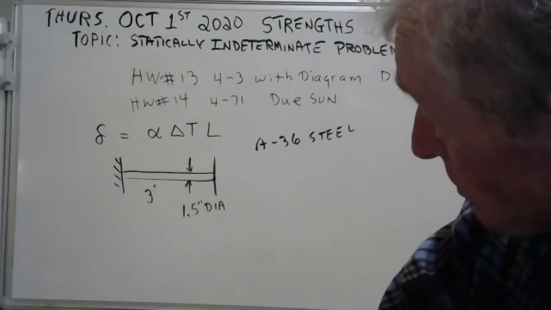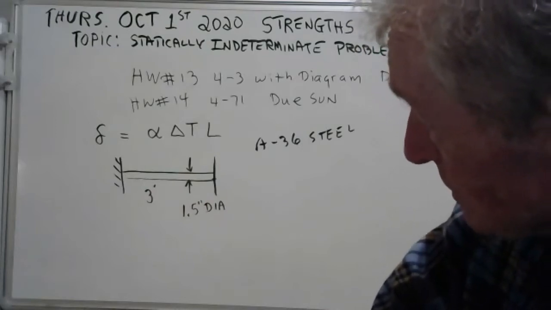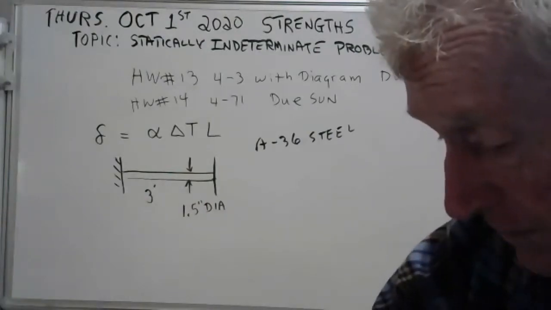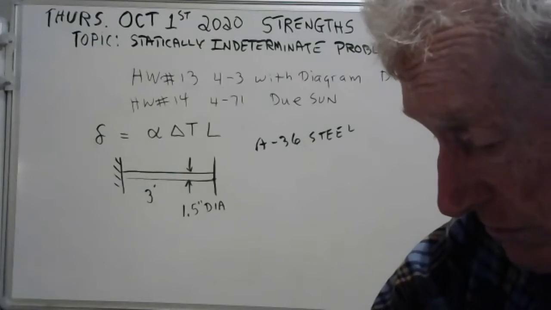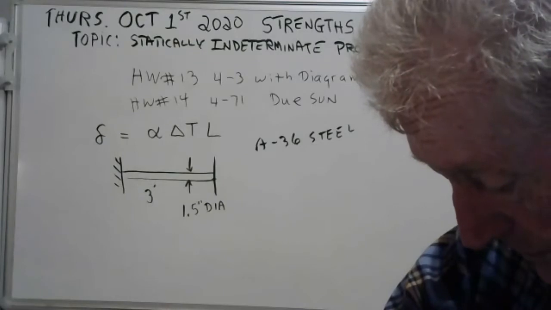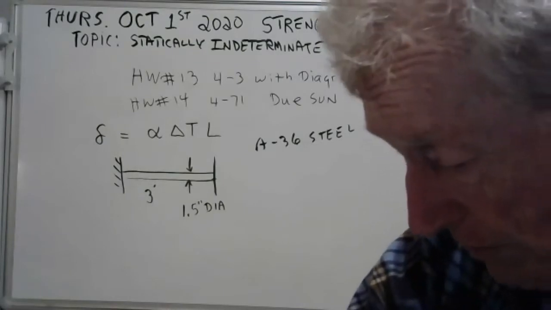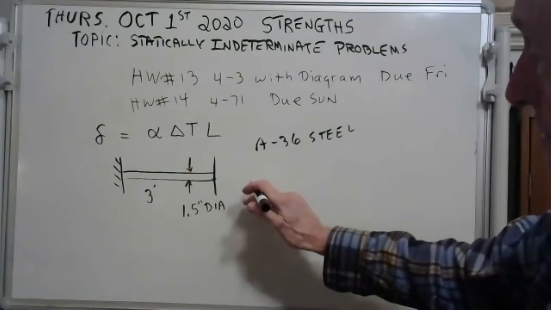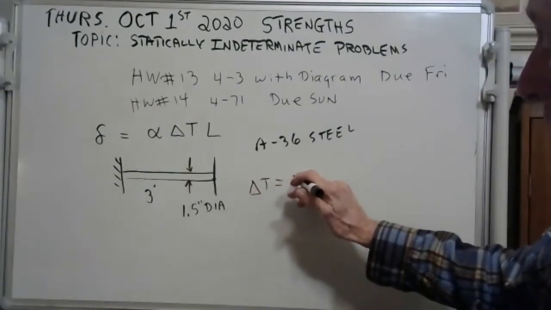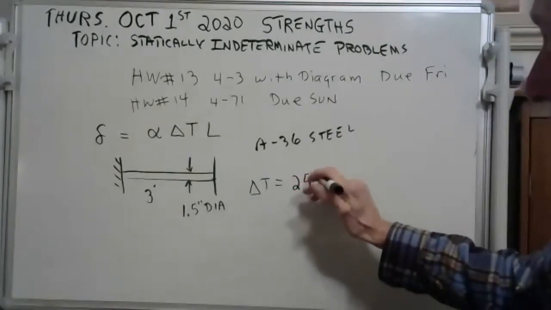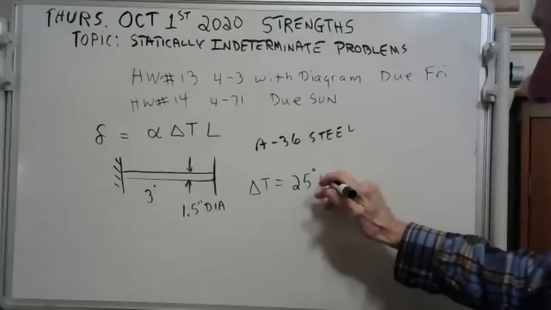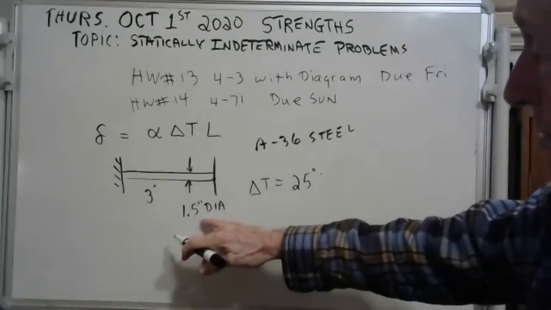And suppose you install that, and I don't know, you could weld it, I guess. Some kind of connection there. Glue it, weld it, bolt it somehow. And let's say the temperature goes up. Say there's a change in temperature of, I don't know, we'll make something up, 25 degrees Fahrenheit, because we're dealing with inches here and feet.